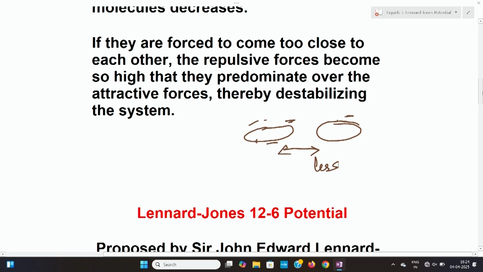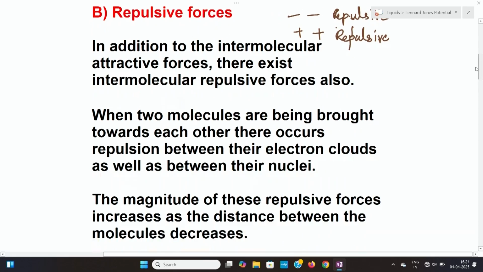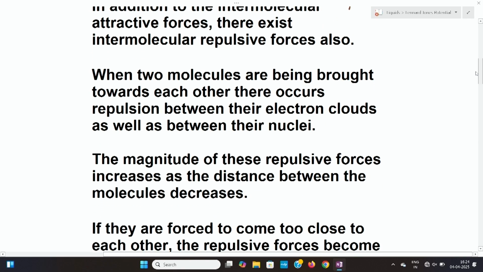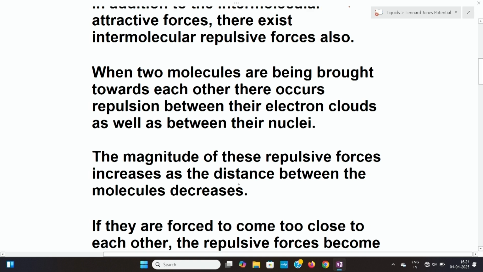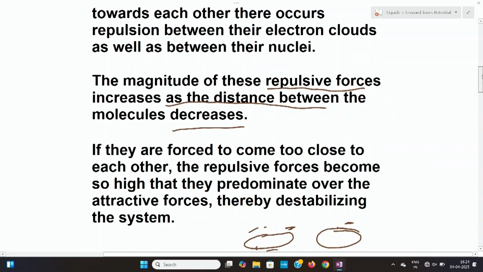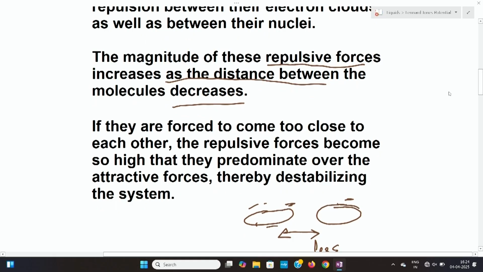That is, the intermolecular repulsive forces will be more as the distance between the molecules decreases. The repulsive forces increase as the distance between the molecules decreases. Then, if these molecules are forced to come too close to each other, what will happen? The repulsive forces will be high.